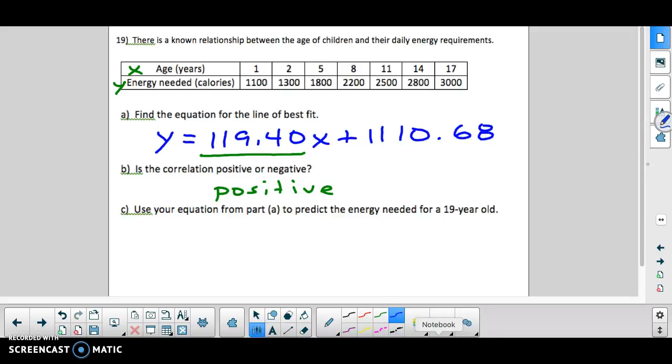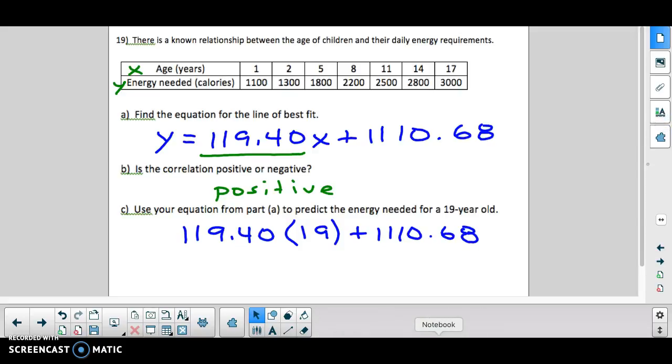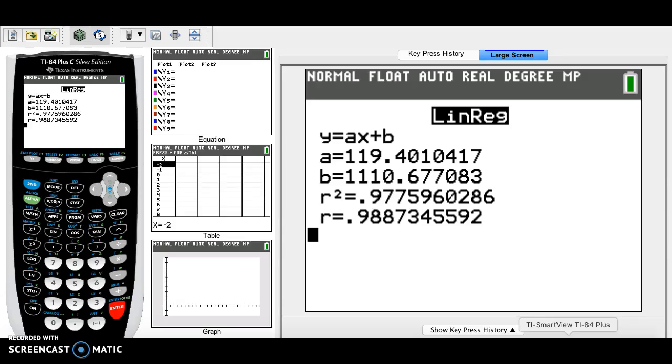And then finally, to use our equation to predict the energy needed for a 19-year-old, all we're going to do is put the 19 in place of the x. All right, so if we go back to the calculator, we can hopefully plug this in.